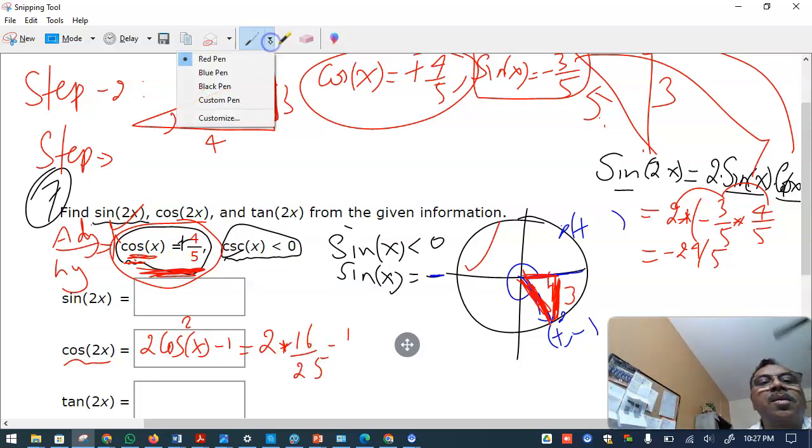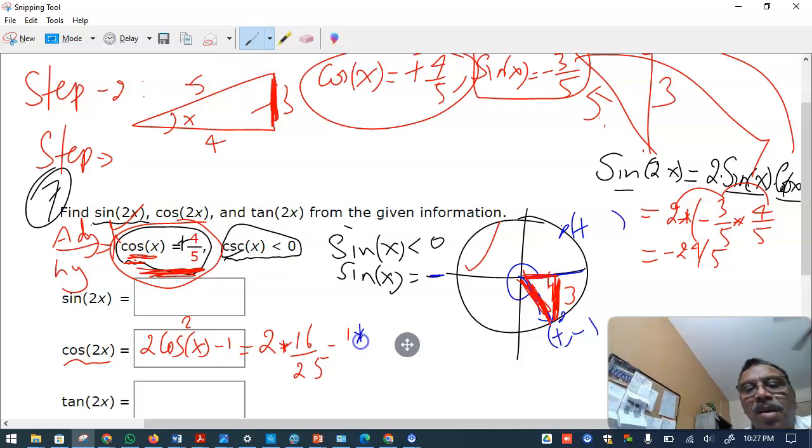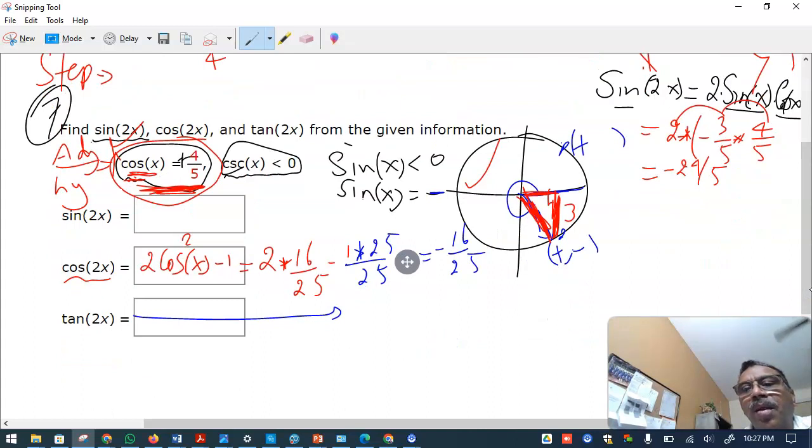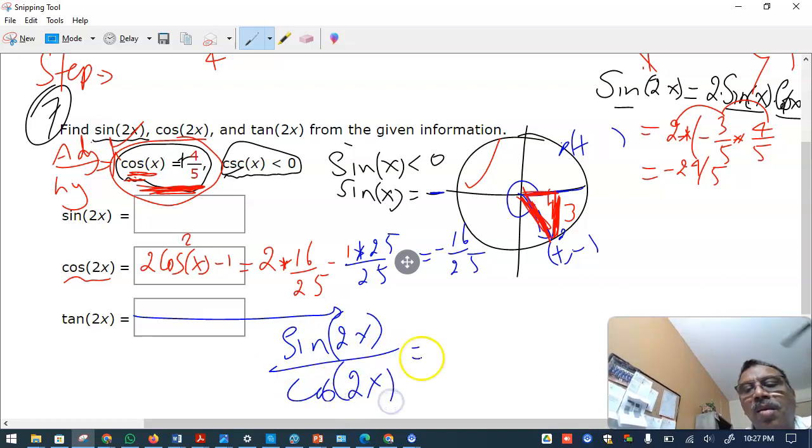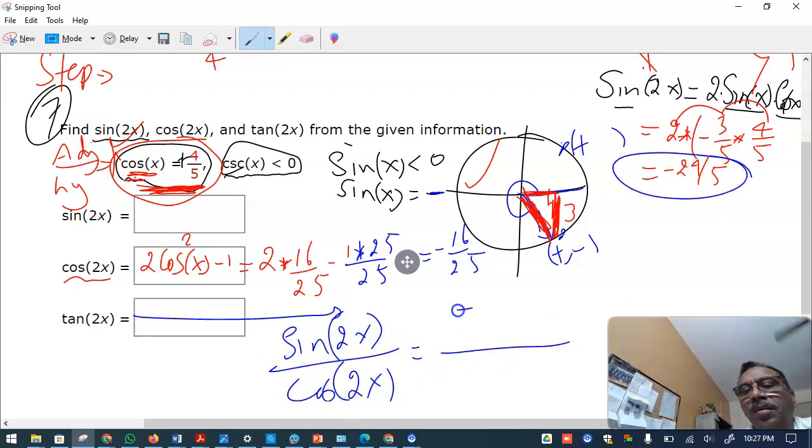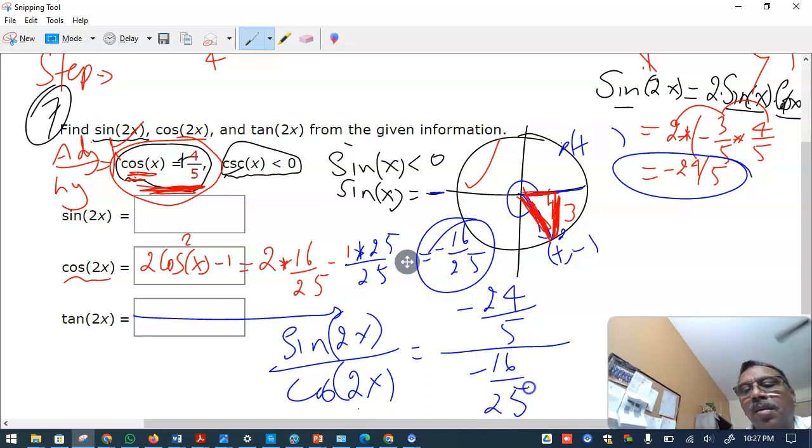And then you need to have the same denominator, so multiply by 25. And tan 2x is sine 2x over cosine 2x. What is sine 2x? We got this. Cosine 2x we get. So keep, change, flip and do the rest.